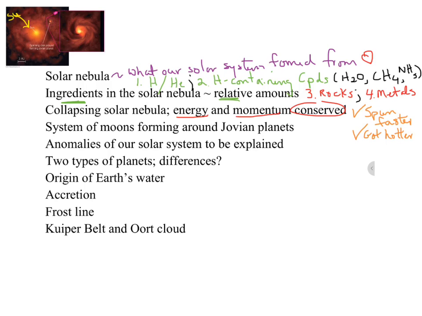I brought in a cute little diagram here for the next one. I think this is adorable. This is a figure from your textbook, and we see the budding sun, a protostar in the middle of the blob, and we know that via accretion the planets formed in tracks outside the sun.